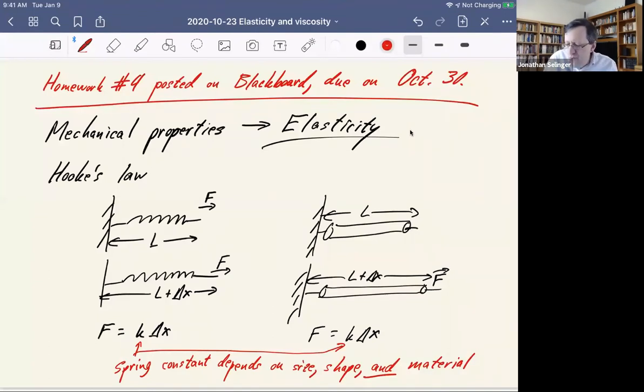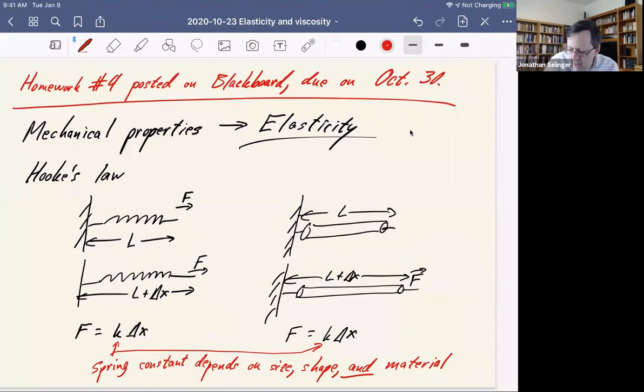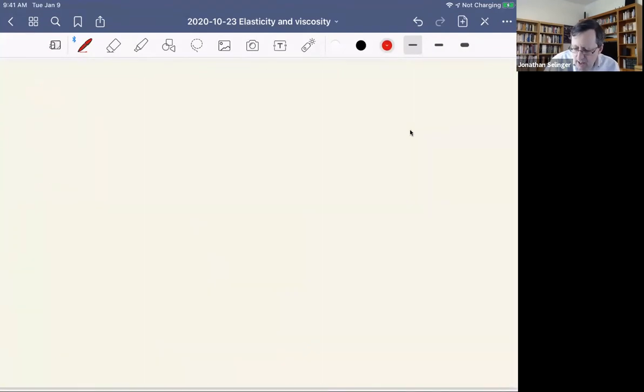One way to do that is to think about different springs in parallel or in series.